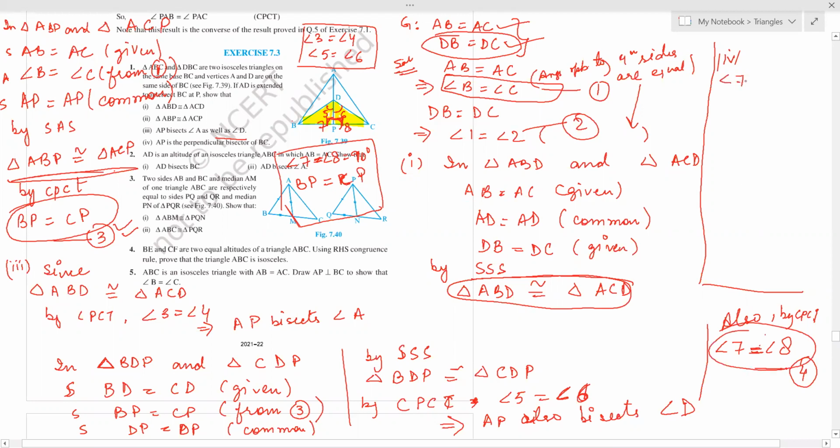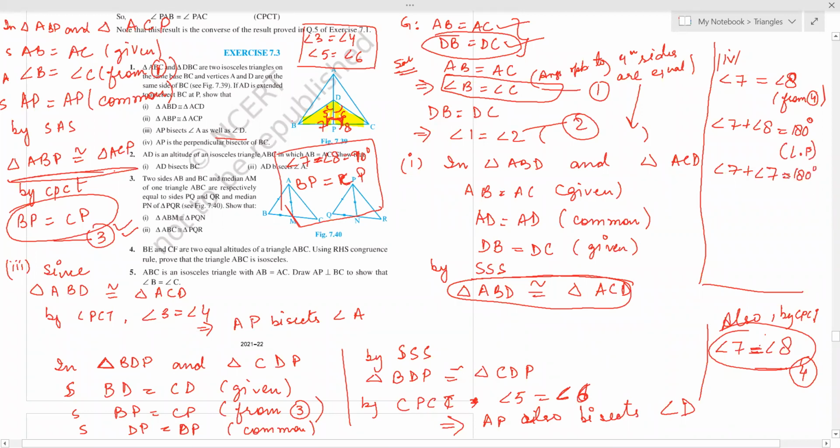So angle 7 is equal to angle 8, from 4. This we have already shown. Now also angle 7 plus angle 8 is equal to 180 degree. Why, Hamna? Linear pair, exactly. Now angle 8 is also angle 7. So can I write angle 7 plus angle 7 is equal to 180?